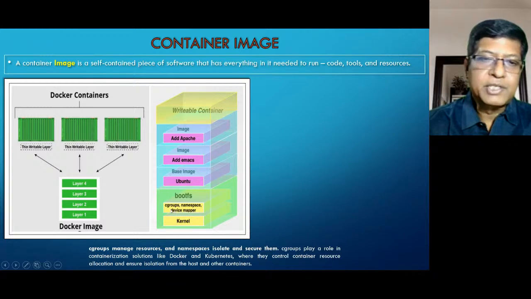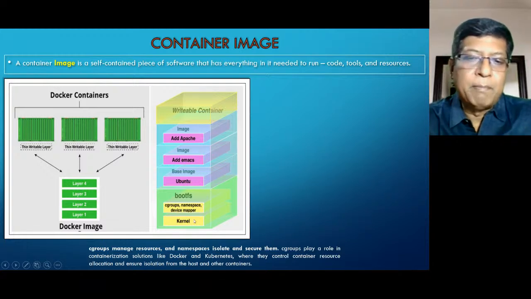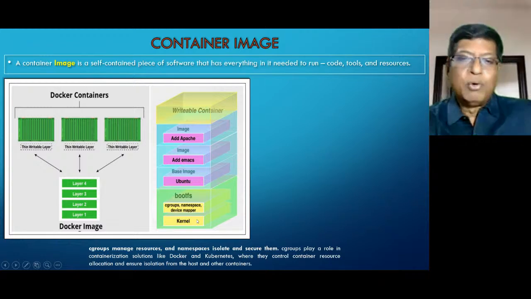This is the C groups or namespace device mappers, an environment on which the container will start or boot, because there is no real OS. You have the OS kernel only. Maybe this is an Ubuntu kernel, or a Windows kernel, or a Mac kernel, or Red Hat Linux kernel, only the kernel.